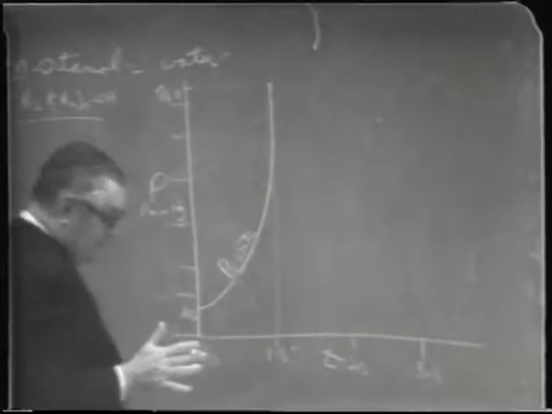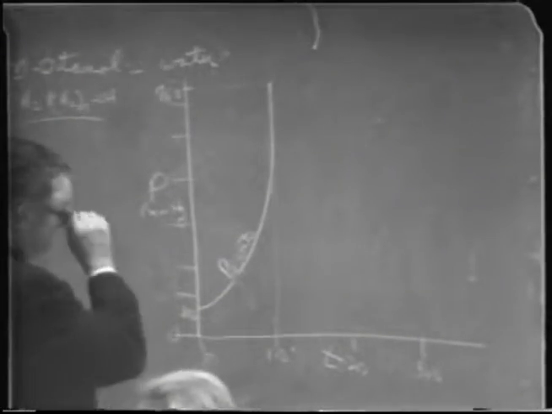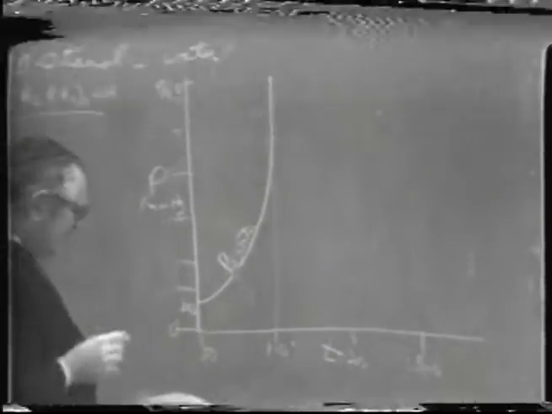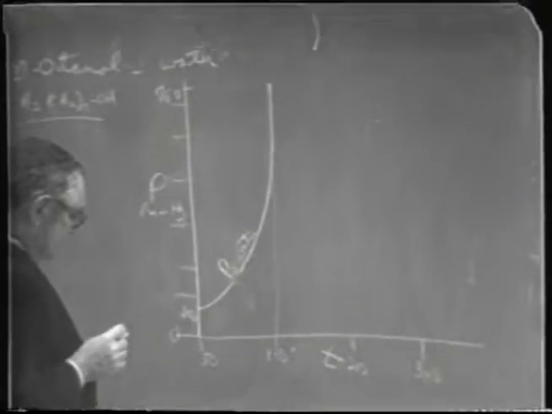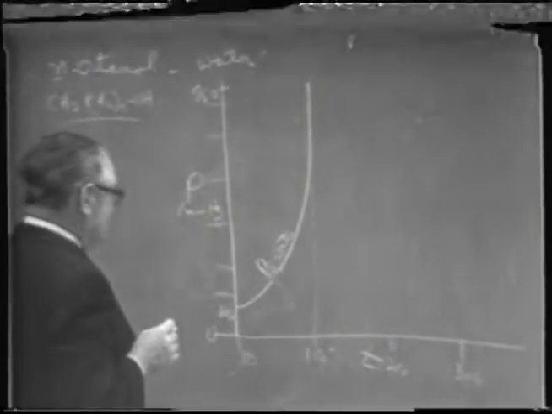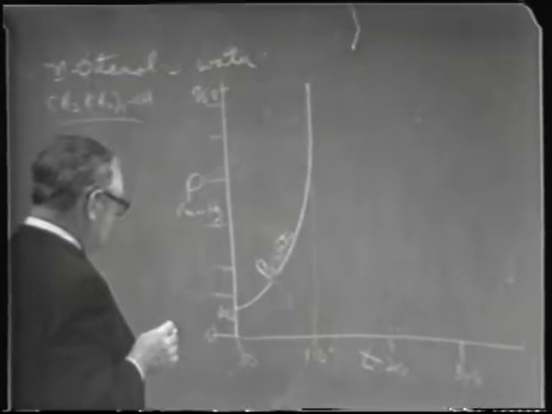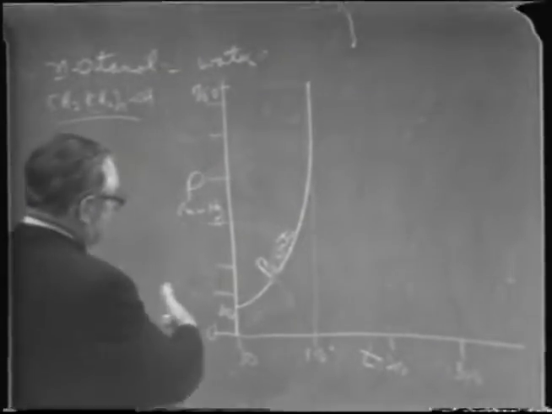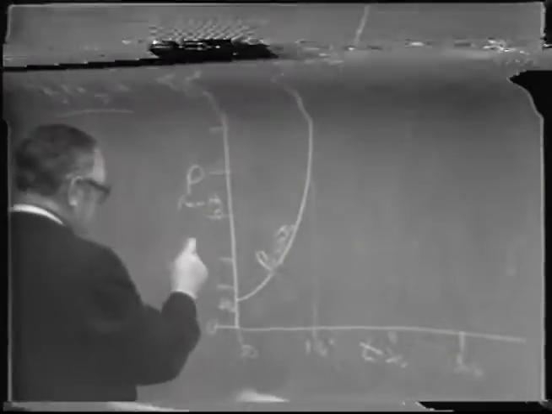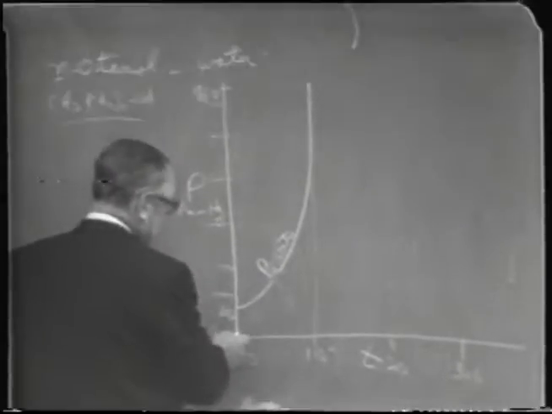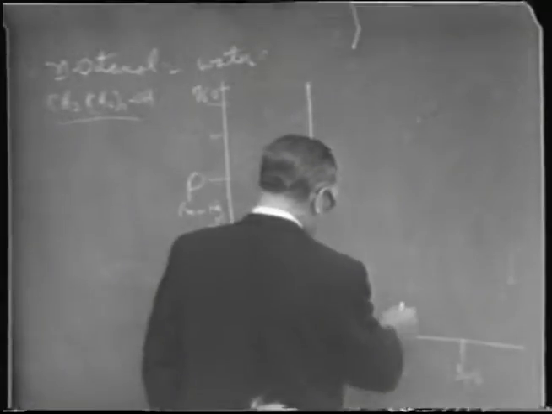Now, octanol has a high boiling point. It boils at about 165 degrees centigrade, as I recall. So that means it would, this isn't a very good scale I've chosen here, but the principle would be all right. I said it boiled at 100, and it seems like that's a little bit low.